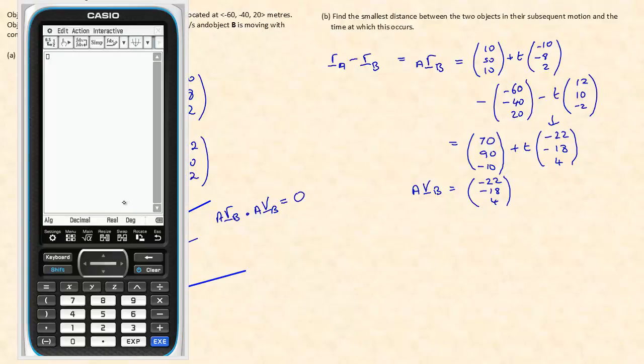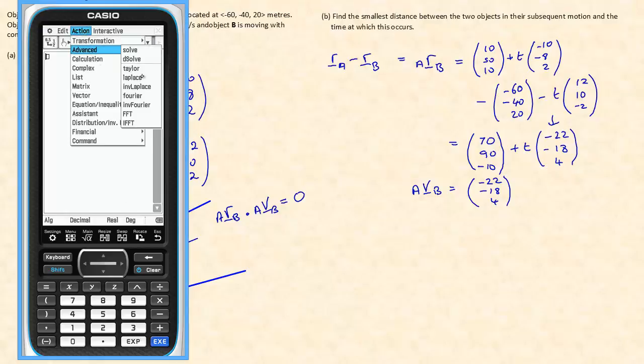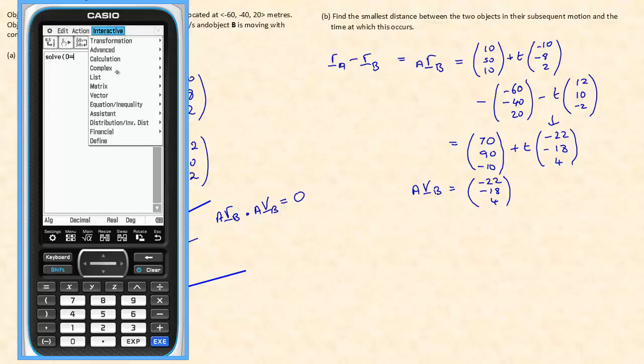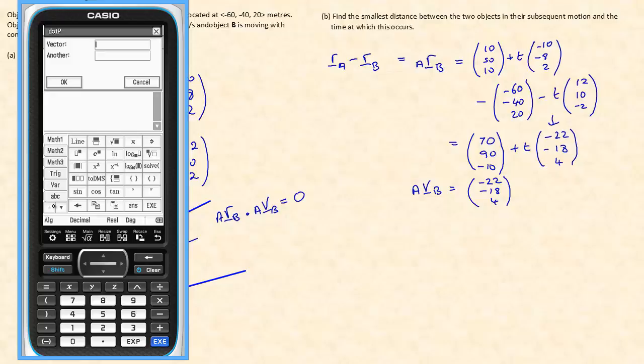Now I'm going to use the calculator to help with this. So we're going to solve, and then I'm going to put 0 equals, and then I want to put in this dot product. So dot p. Remember, we need square brackets for that. Our first vector is going to be 70 take away 22t.